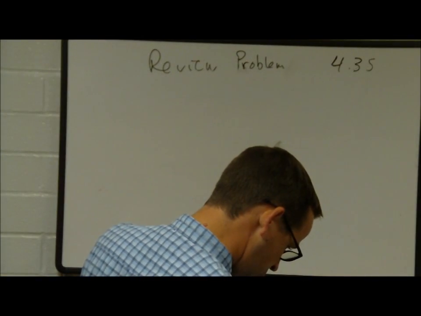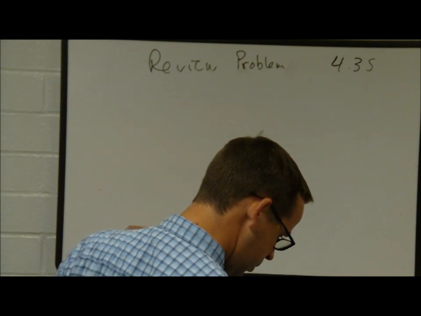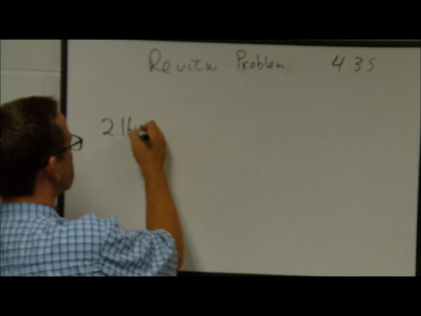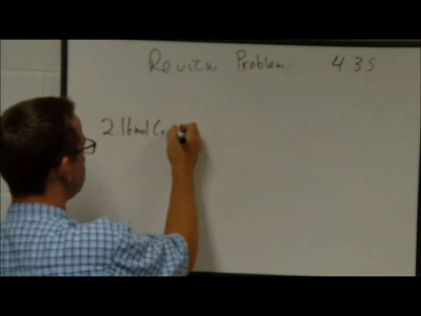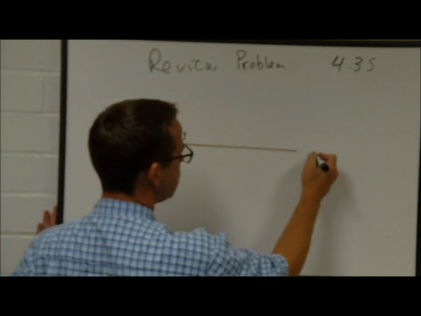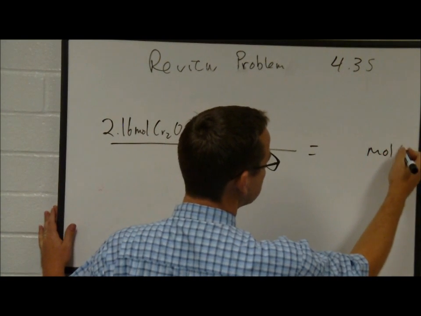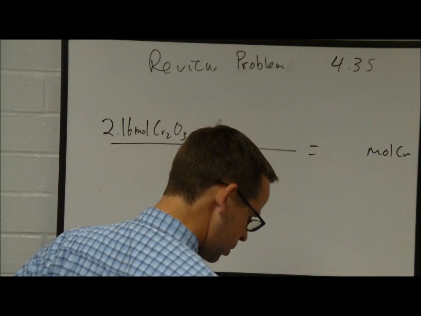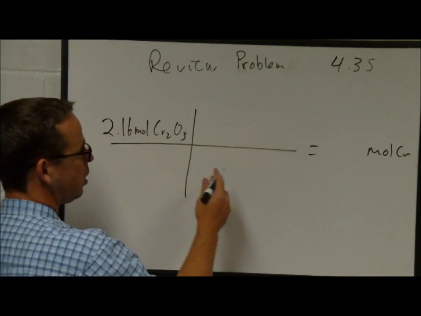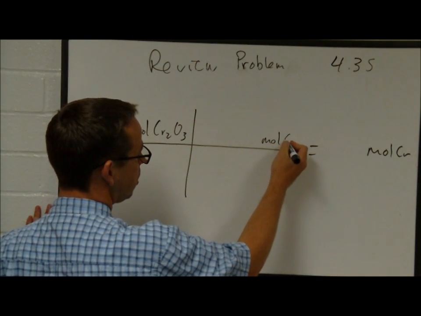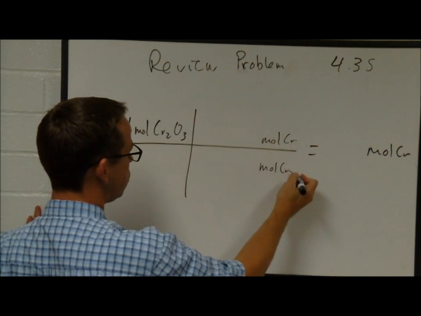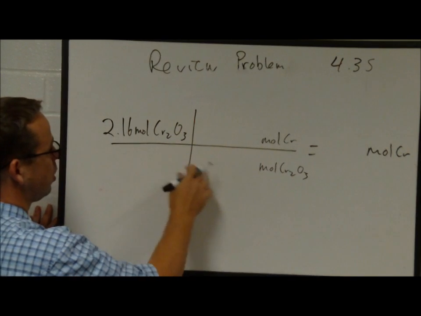Okay, and that is 433. How many moles of chromium are in 2.16 moles of Cr2O3? The question is moles of chromium, right? Well, we need moles of chromium up here, and we want to get moles of Cr2O3 down here, right?